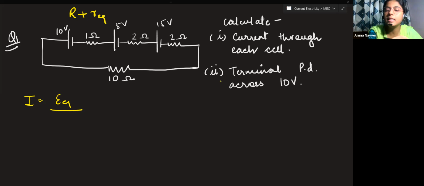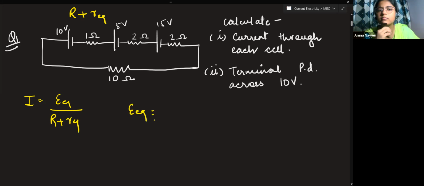So current is E equivalent divided by capital R plus small r equivalent. E equivalent is the sum of all the EMFs: 10 volt plus 5 volt plus 15 volt, which makes 30 volt.